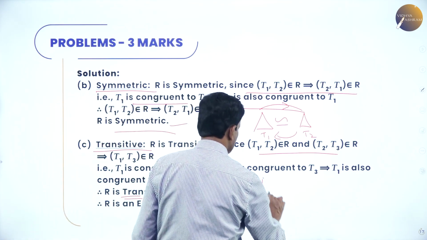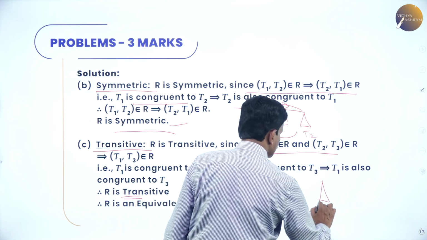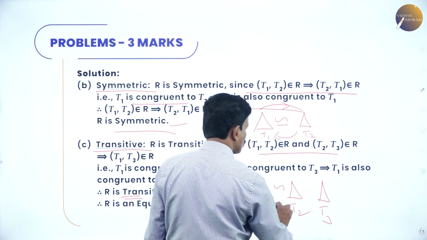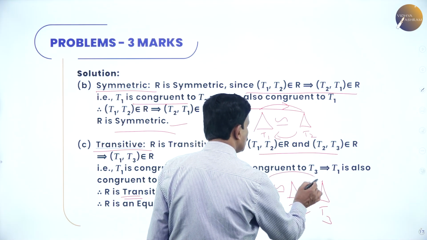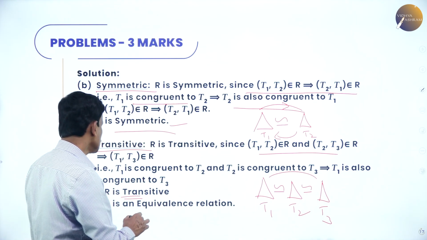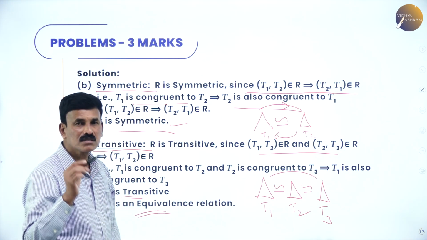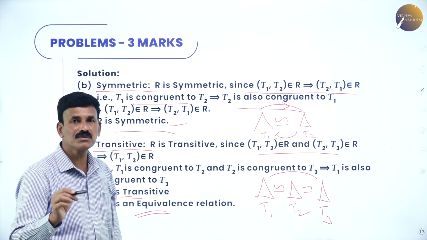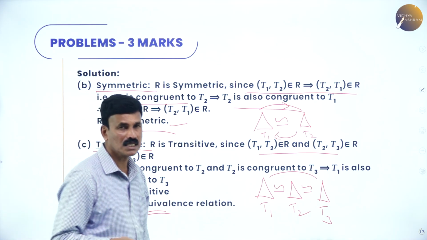That is, if there are three triangles, T1, T2 and T3, and T1 is congruent to T2 and T2 is congruent to T3, definitely T1 is also congruent to T3. Hence, this relation satisfies all the three properties, reflexive, symmetric and transitive. Therefore, R is an equivalence relation.